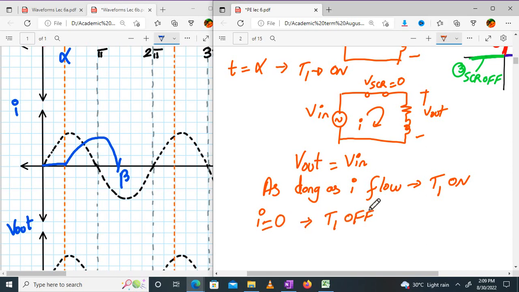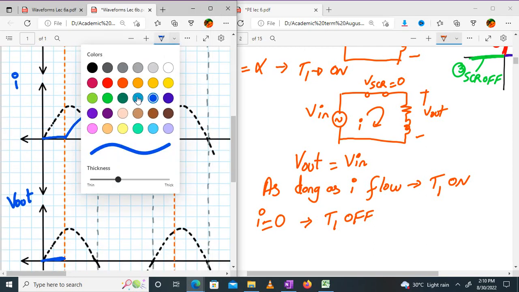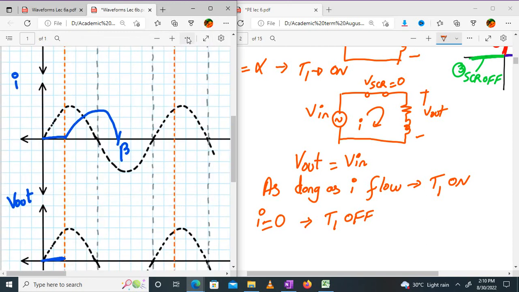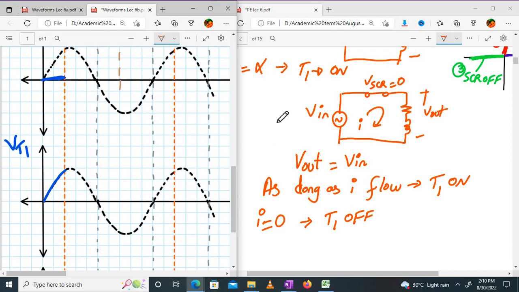And again the same cycle will repeat. Okay? So somehow we have to mark this below. Let me mark it over here. So when you also draw, please start drawing the waveforms yourself also. So somewhere around here. Please start drawing the waveforms.